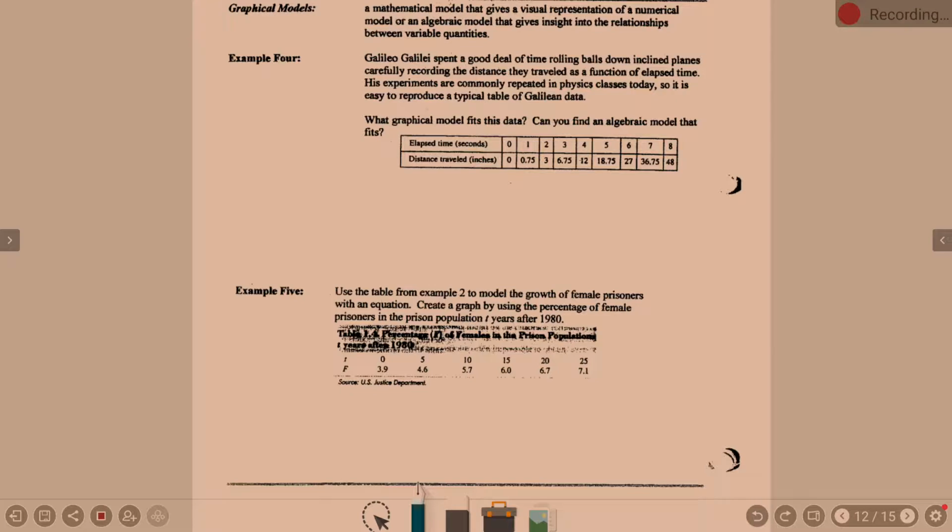As long as it's y equals, you can graph an equation. Do I have an equation? Nope. In fact, it says, can you find an algebraic model? We'll talk about that in a little bit, but we're going to first worry about a graphical model. So, let's go to our calculators.